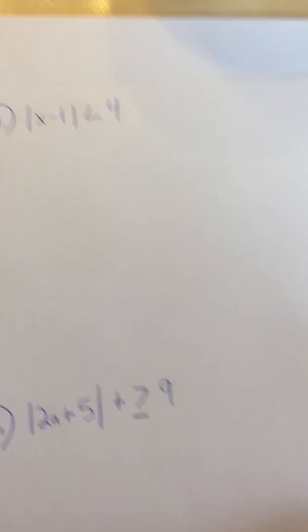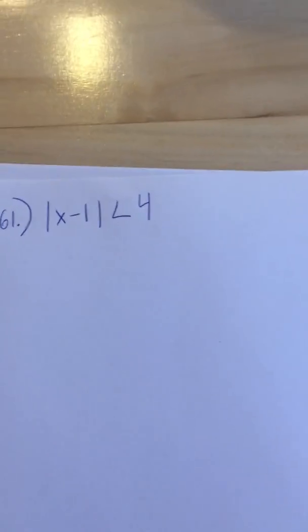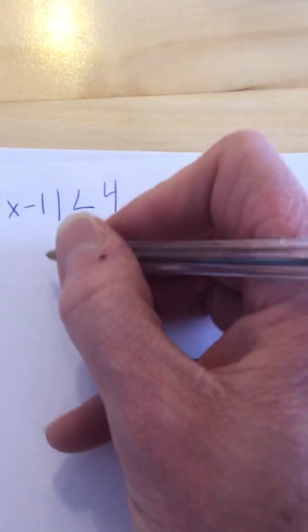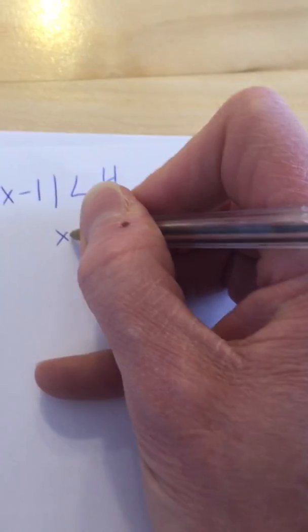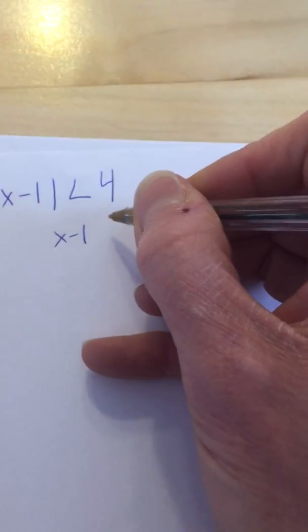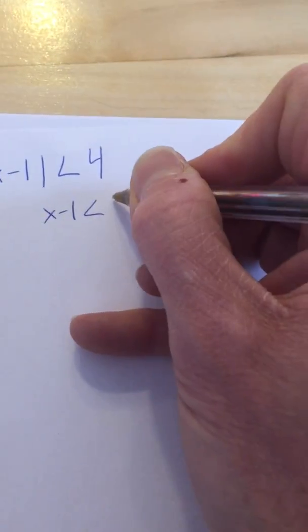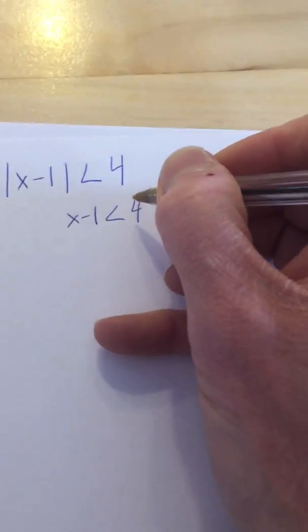Then problem 61 looks like this, and these ones are harder for me. My brain doesn't quite work like this, but basically what I like to think about is x minus 1 being in the middle, and then it's going to be less than the +4, and it's going to be greater than the -4.